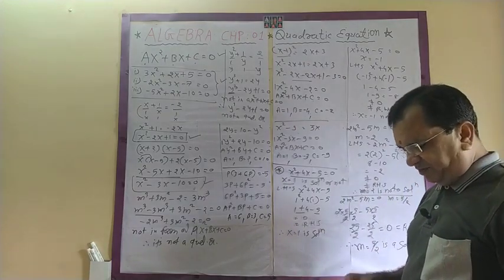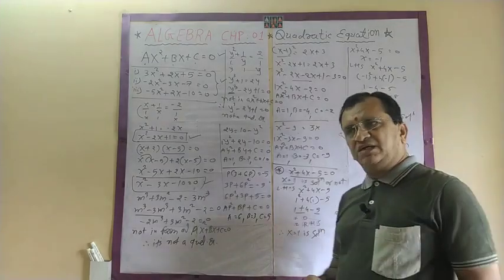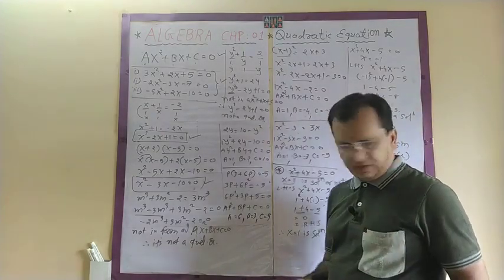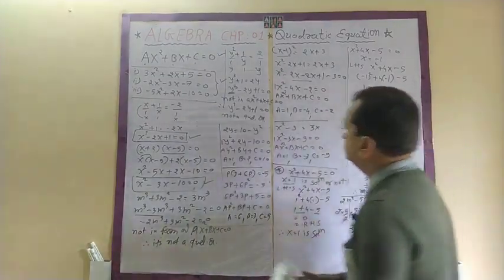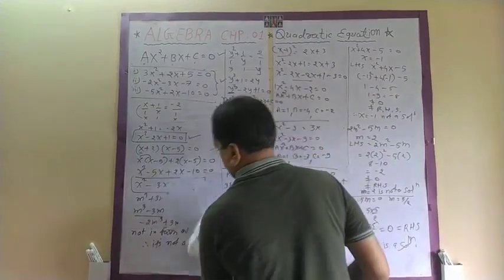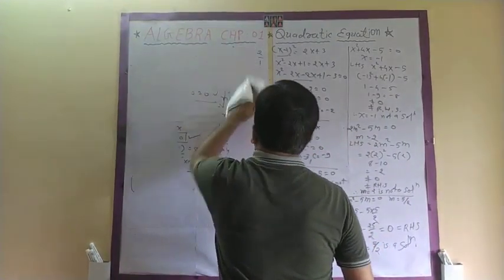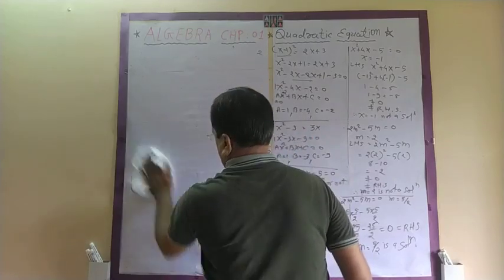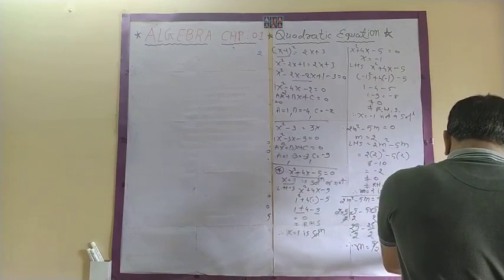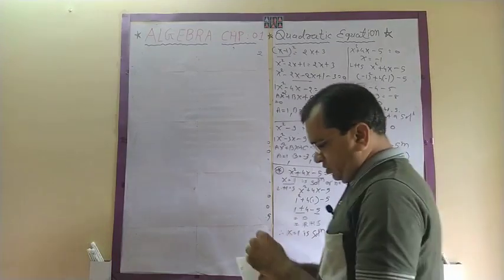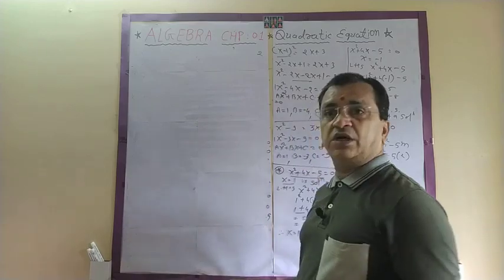Two very important questions of this exercise, question number 6 and 7. Question number 6. Now the solution is given and you have to find out the unknown.